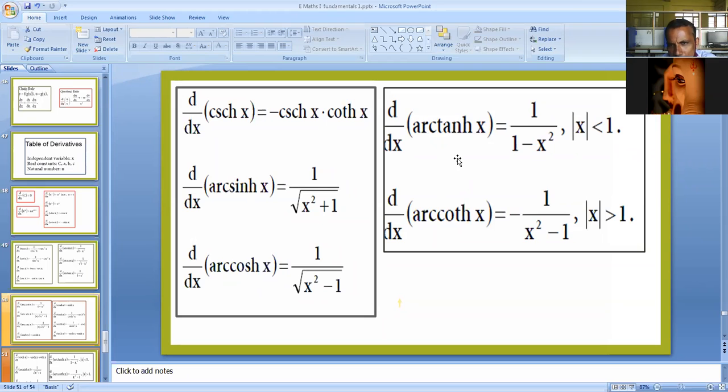When we expand their logarithmic terms, definitely we can find their differential in separate manner. So it is 1 upon 1 minus x square for magnitude of x should be less than 1.